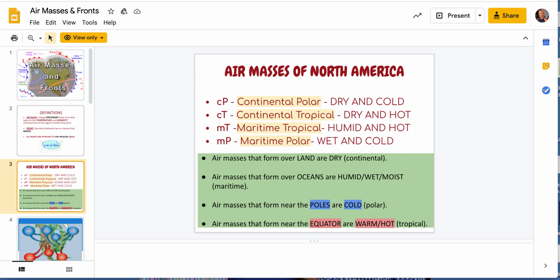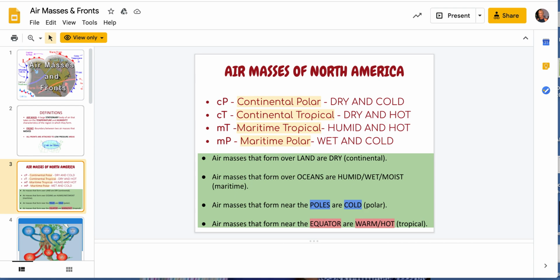So that means they're dry. Okay, but ones that are over the ocean are the maritime, like marine life, maritime. They're humid, wet, and moist because they're formed over the ocean. So like that last slide said, they're taking on the type of things that are where they were formed. They're formed over the water, they're going to be wet.